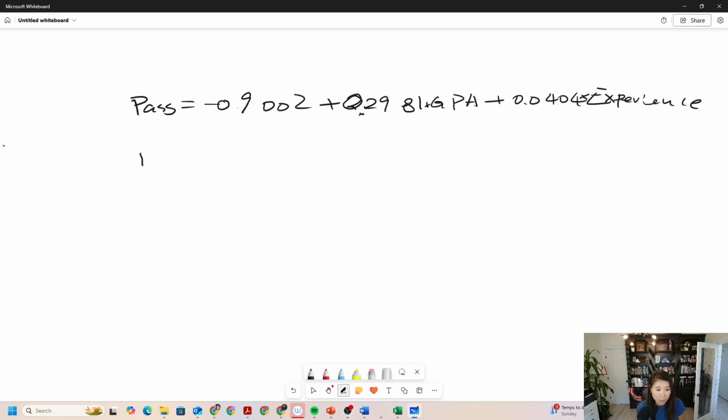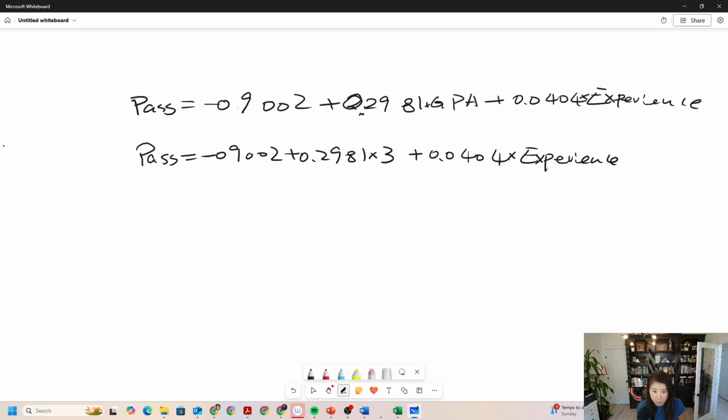So to do that, the first step is you need to plug in the 3. The pass equals negative 0.9002 plus 0.2981 times 3 plus 0.0404 times experience.